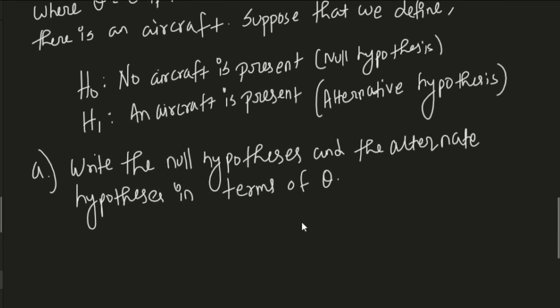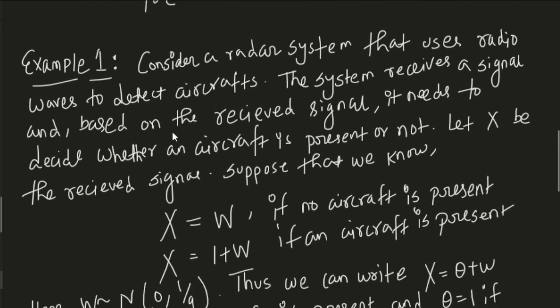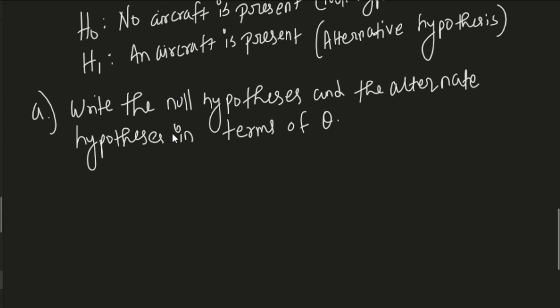That brings question A. So I'll explain the problem again, but let me just write down the questions. There are five such questions. So the first one is: write the null hypothesis and the alternate hypothesis in terms of theta.